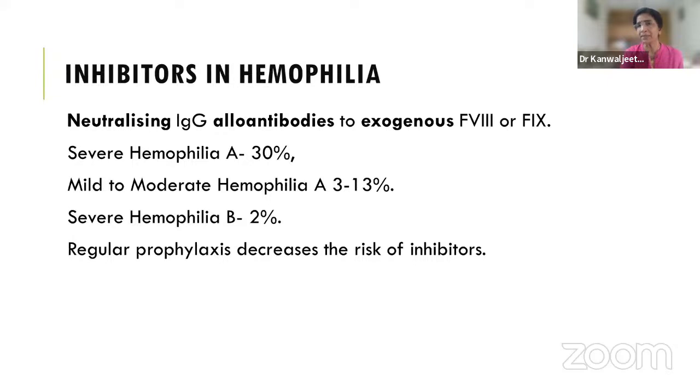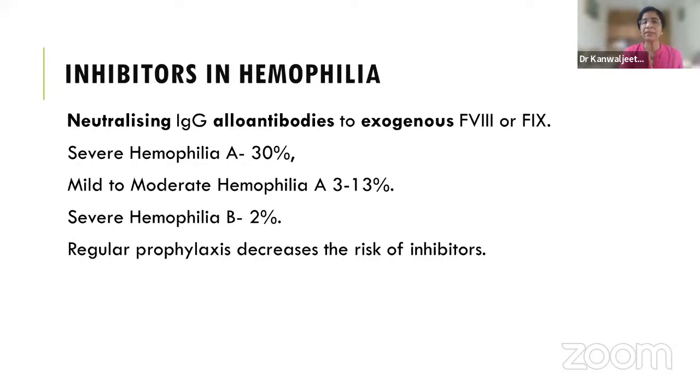In some cases, the factor 8 released endogenously, our own factor, may still be unaffected because it may be mutated and not susceptible to alloantibodies. But we don't take any risk and we treat the patient as having inhibitors.